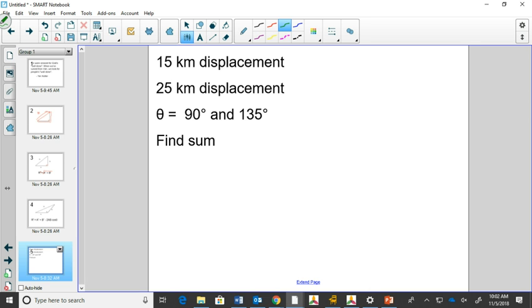Okay? So, let's draw. If I'm going to put 15 on the bottom, that's going to be here, 15. And are you comfortable that when I draw my vectors, they have to be proportional? I'm not going to actually get out a ruler to check whether you made it exact. But are you comfortable 25 should be bigger than 15?